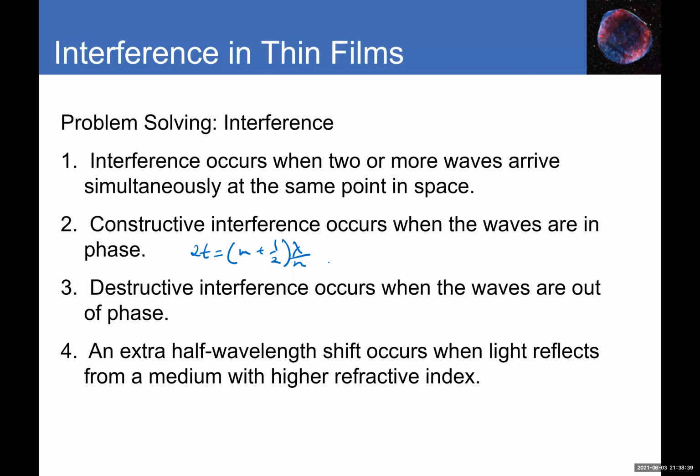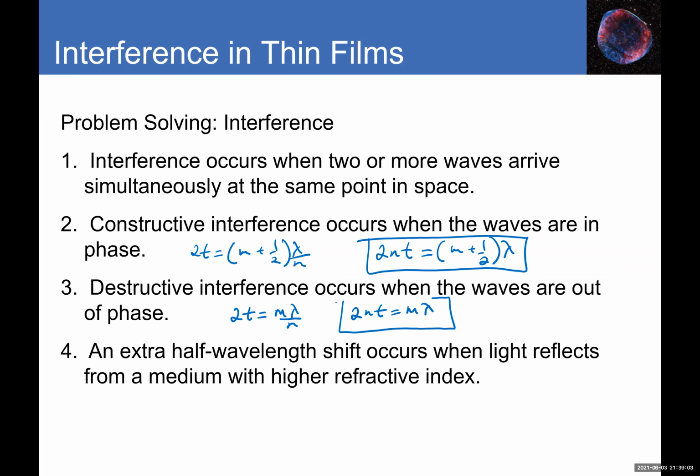Destructive interference occurs when the waves are out of phase, so 2nt equals m lambda, while for constructive, 2nt equals (m plus 1/2) times lambda. Both are the equations for those. An extra half-wavelength shift occurs when light reflects from a medium with higher refractive index.